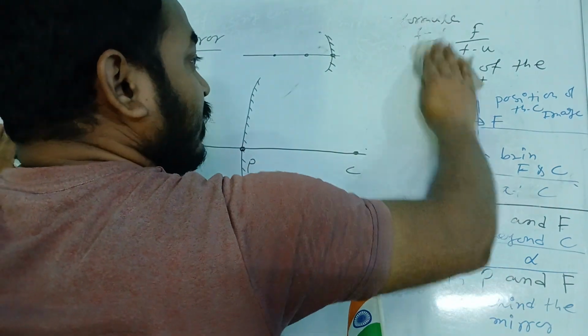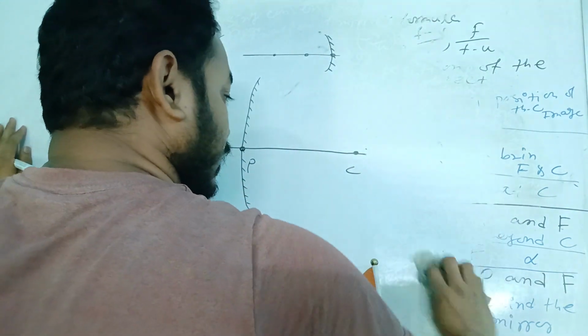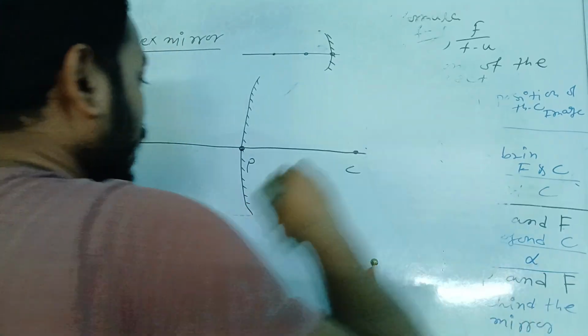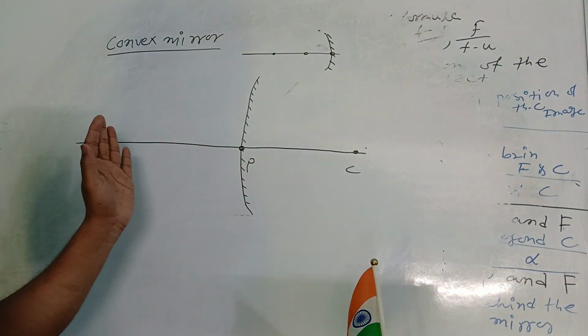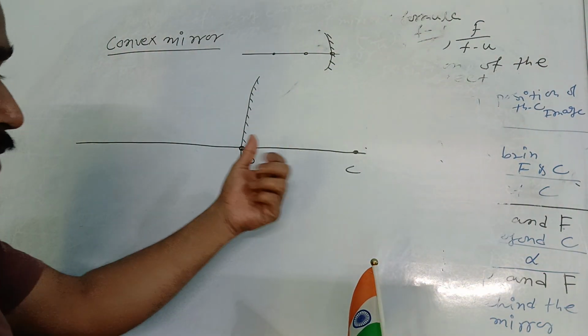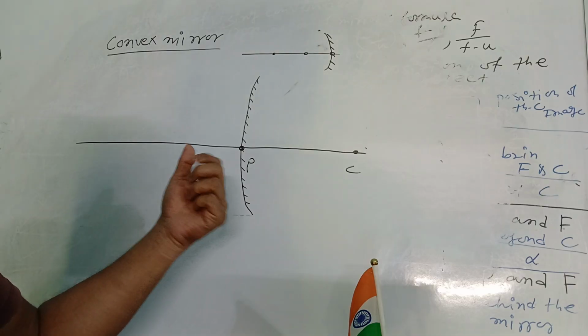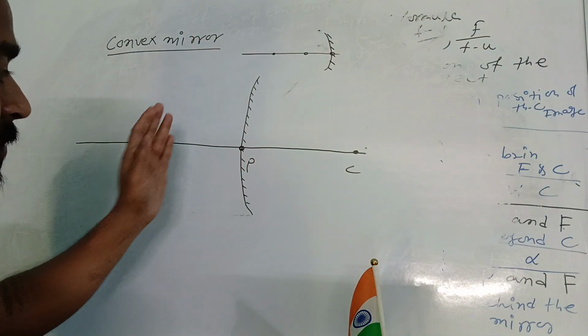Is it clear? First of all, for a convex mirror the center of curvature is on that side, as I discussed just 30 seconds ago. Okay.